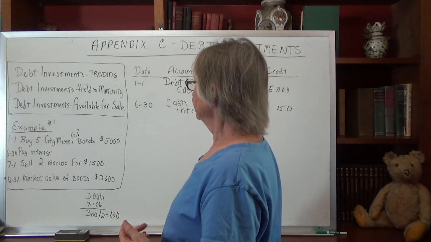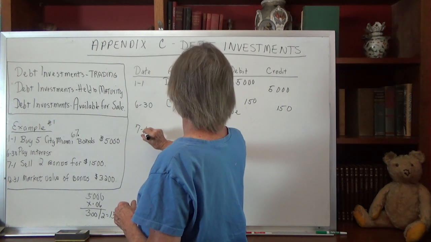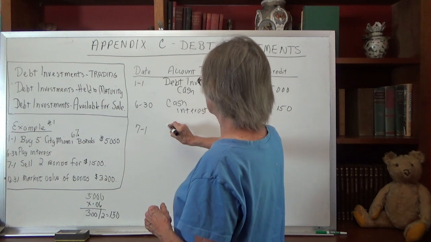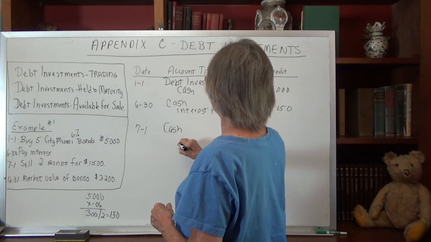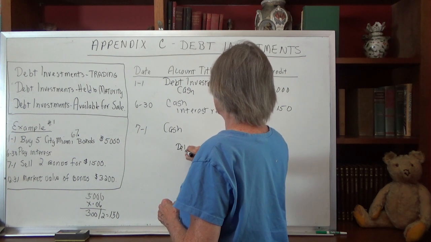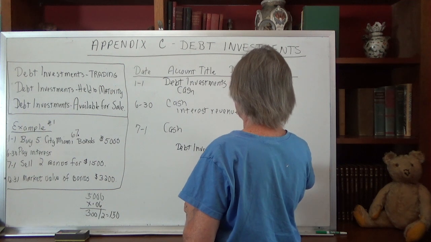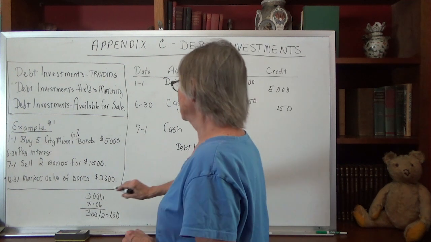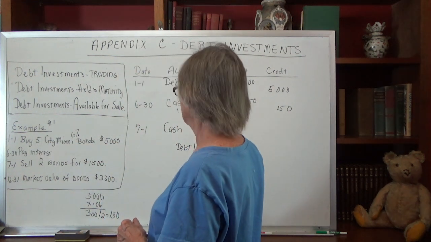Okay, then say we decide to sell a couple of the bonds. On 7-1, after we've received the interest, we decide to sell some. So we're going to get some cash, and we're going to be taking the debt investments off our books since we're selling them. Now, it says we're selling 2 of these 5 bonds.